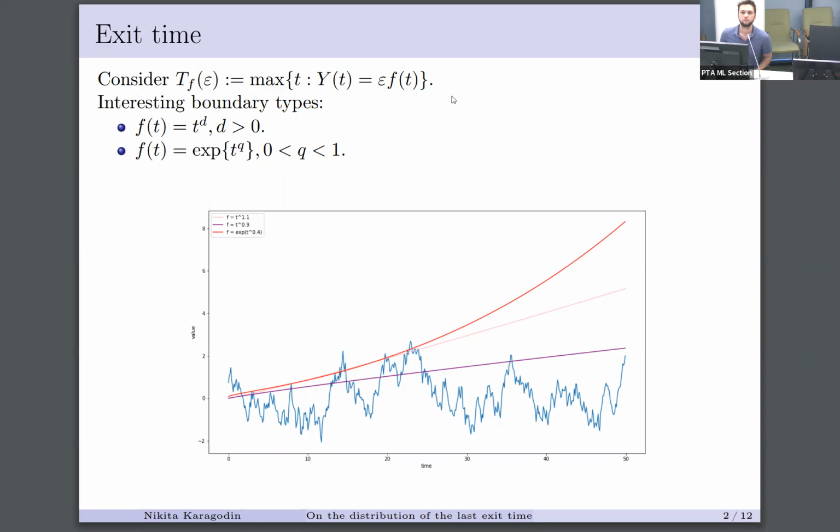So why is it equal to 1? It should, because since we have continuous trajectories, we know that this set is closed, and with probability 1 it is bounded, because for the types of boundaries we consider, it doesn't grow too much.